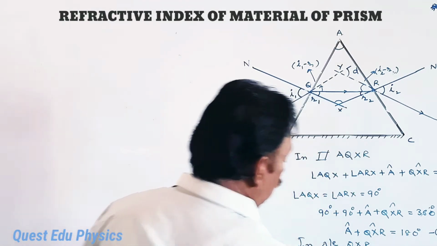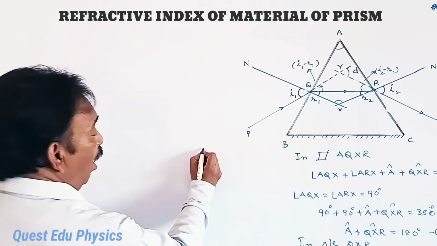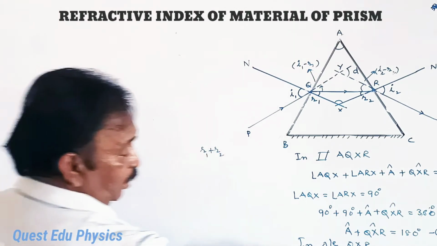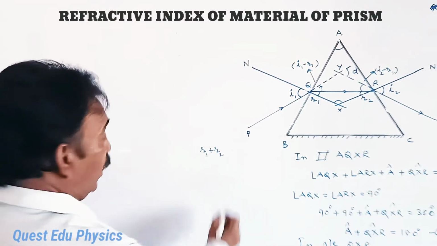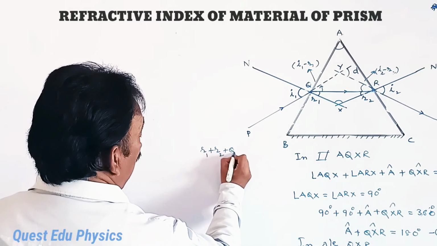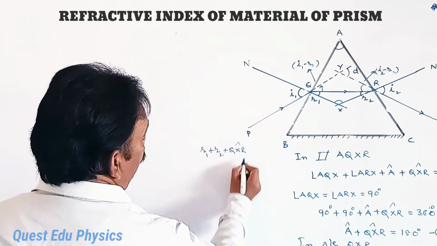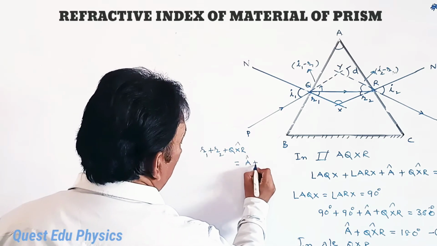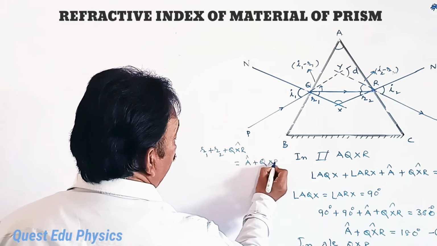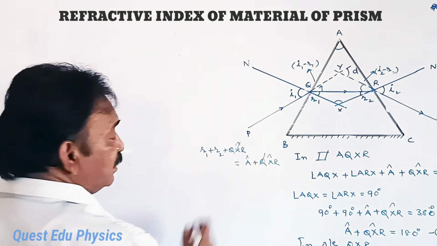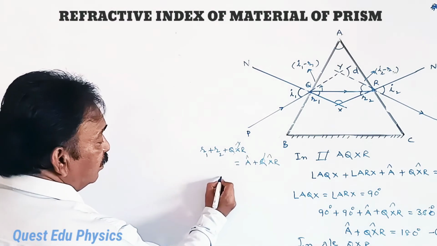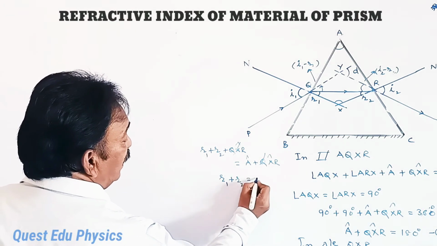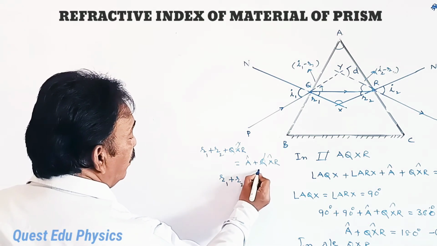On equating these two, we will get R1 plus R2 plus angle QXR is equal to angle A plus angle QXR. Here these two angles get cancelled and we get R1 plus R2 is equal to angle A.